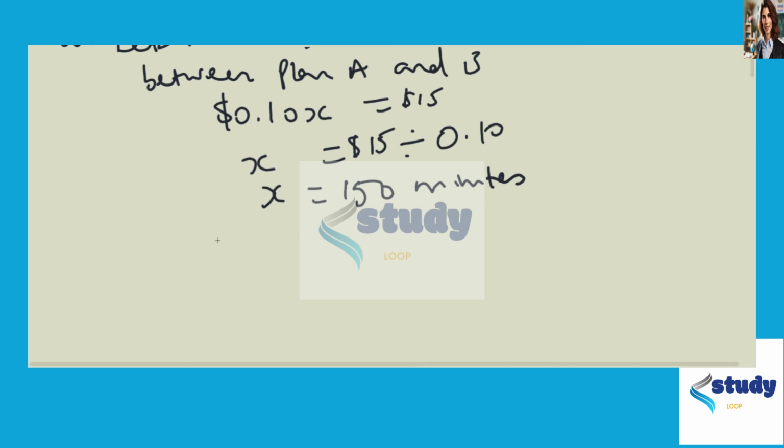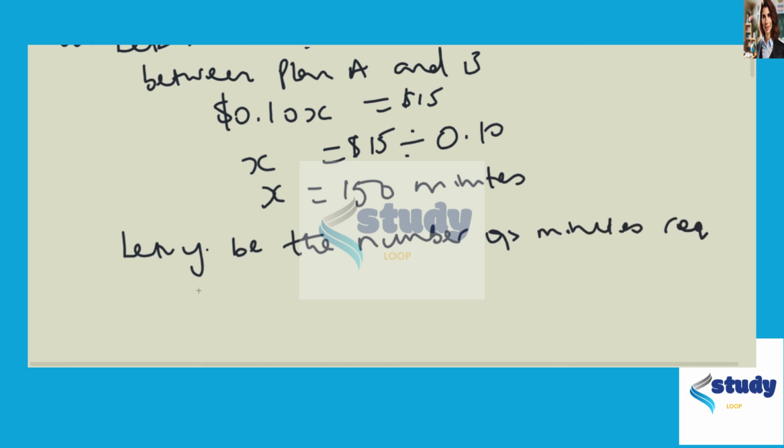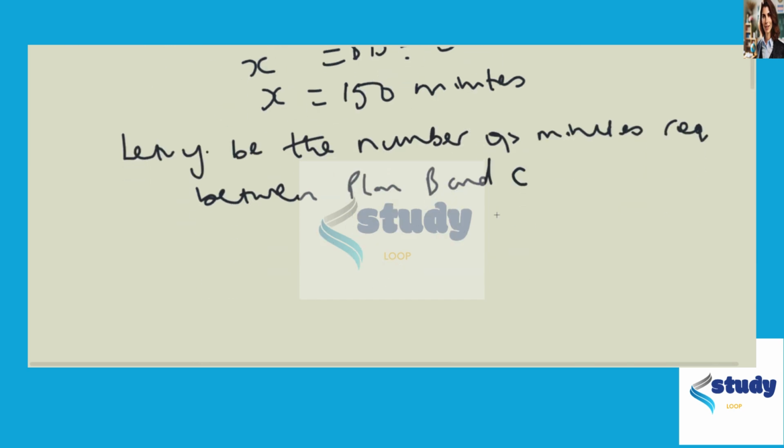So we're going to let y be the number of minutes required between plan B and C. Since plan B and C have equal cost, we can say that $15 plus 0.08(y minus 240) is equal to 22.